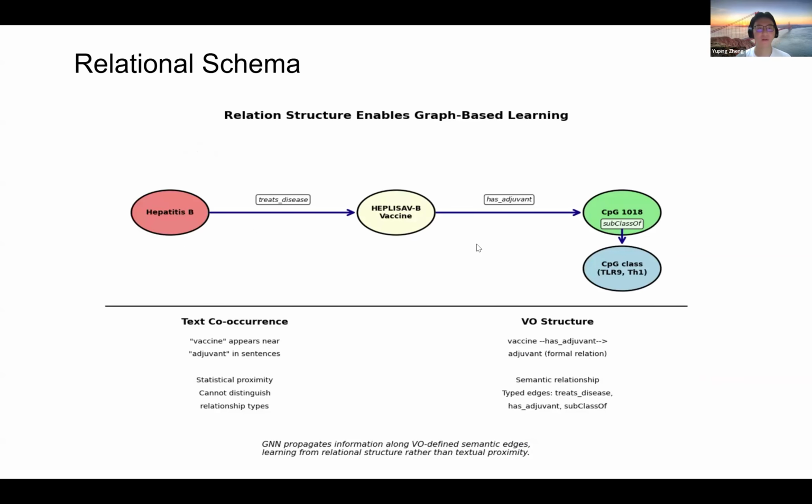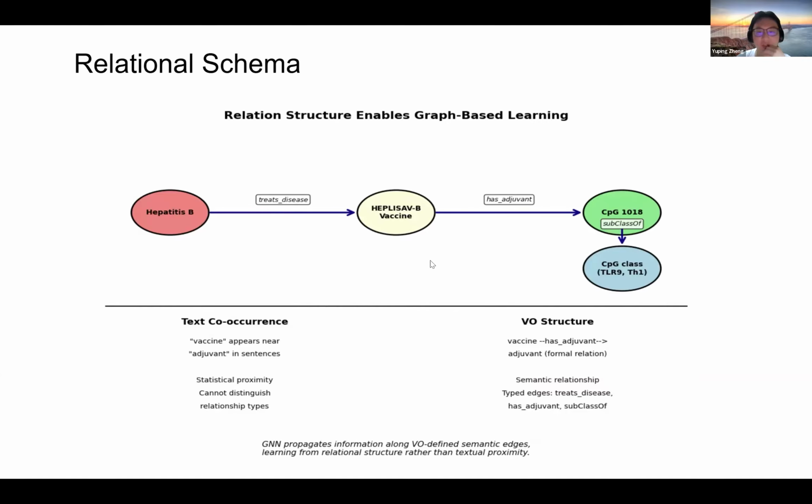Also, VaxJo is a database, right? So it has a relational schema, which is a very basic paradigm of relations. This is one example showing why our algorithm could work at a very high level. We have one kind of vaccine, and we could have a disease.